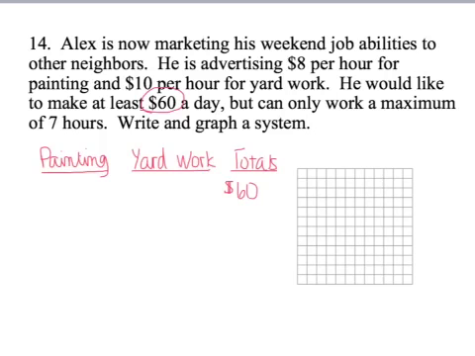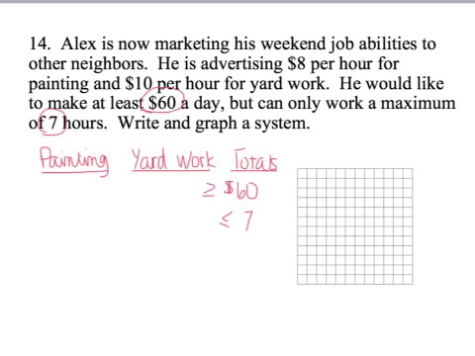So what that tells me is that one of my inequalities is just going to be on money, or the focus is on money. And then I have another total that says he can work no more than 7 hours. Well, a maximum of 7 hours means less than or equal to 7 hours. So my second inequality is going to be focused on the number of hours he works. And I did forget in the first inequality, he wants to make at least $60. That's going to be greater than or equal to 60.